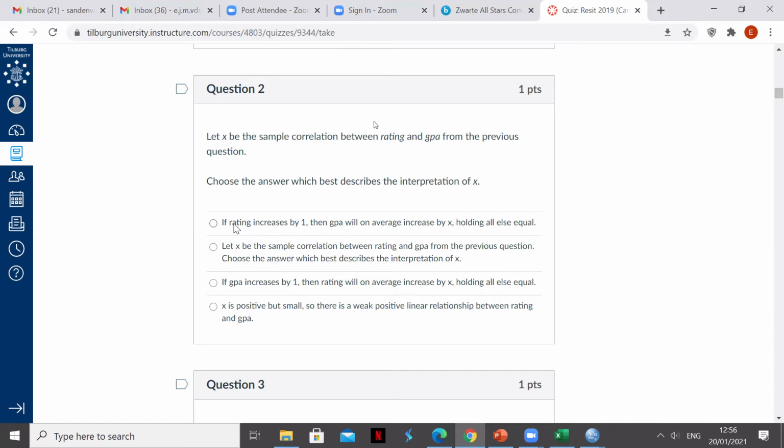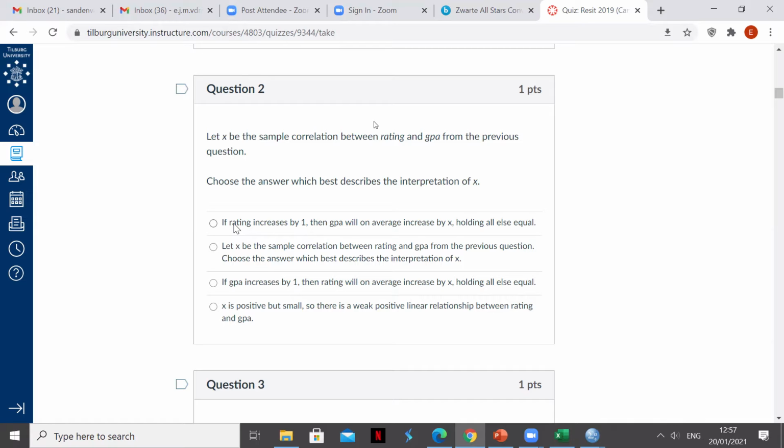And I have to say this, I think this is quite a difficult question because you have to know very well what your correlation is and how it compares to other measures such as your regression. So if rating increases by 1, then GPA will on average increase by X is not true. Why is it not true? Because your correlation doesn't say anything with units.